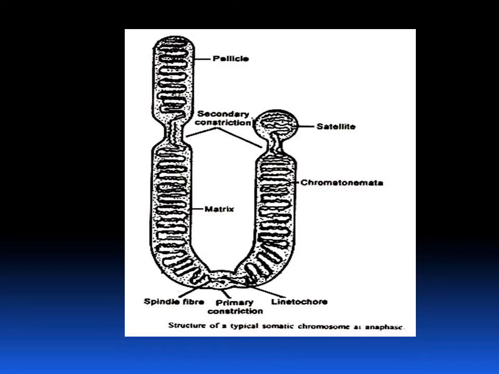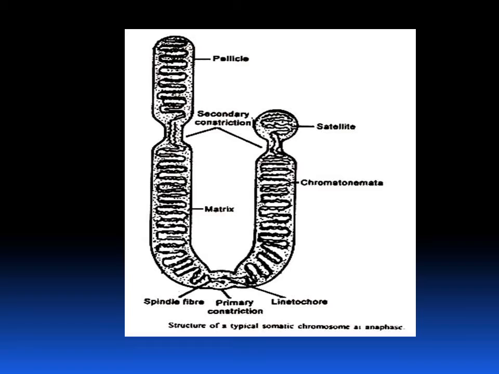Because when the chromosome divides by mitosis or meiosis during cell division, the chromosomes arranged at the central plate are distributed into the two cells in equal number. This is possible because this is the region at which the spindle fibers attach in order to distribute the chromosomes during cell division.